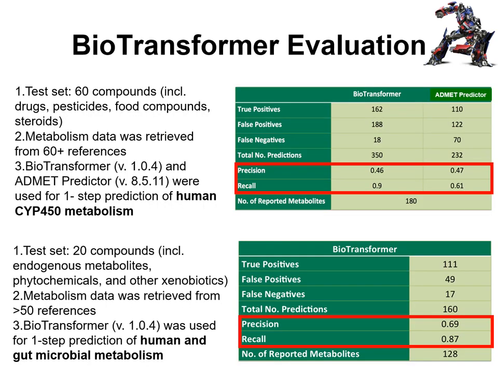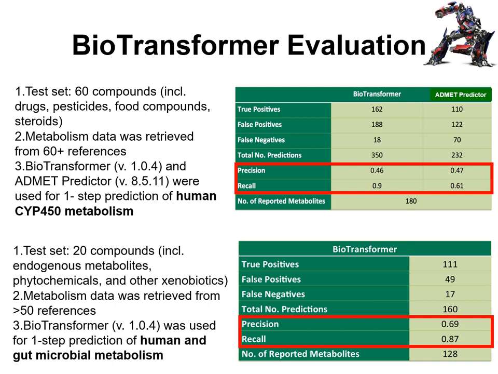We've also taken BioTransformer and run it through other compounds and compared it to other tools. One here was ADMET Predictor, just looking at human cytochrome P450 metabolism. And again, the recall is in the high 90s, and the precision is around 45–50%. So again, in this evaluation, BioTransformer did better than the commercial tool.